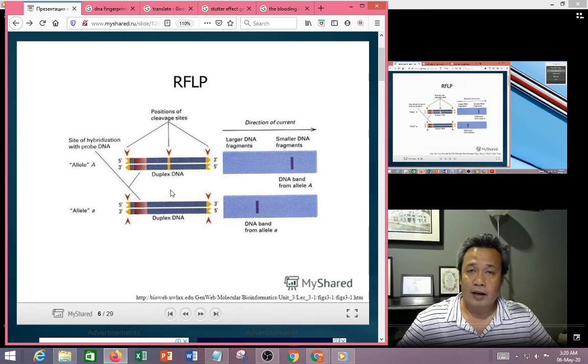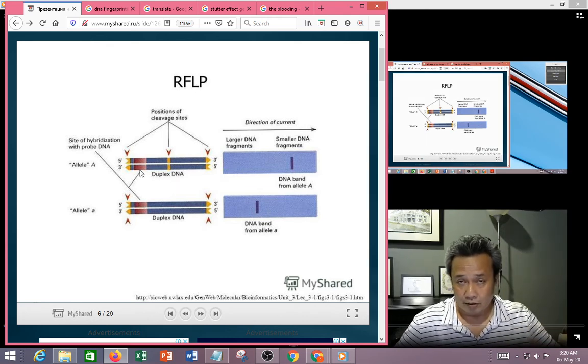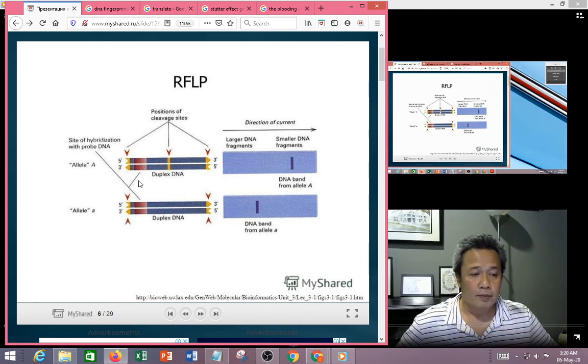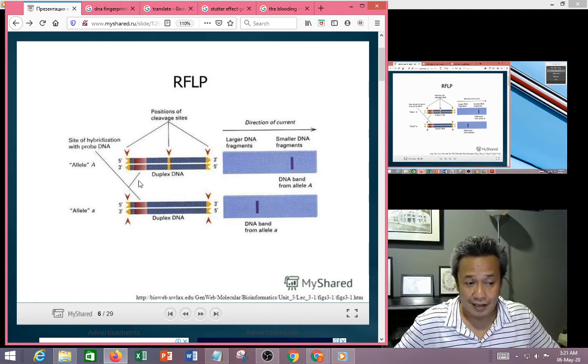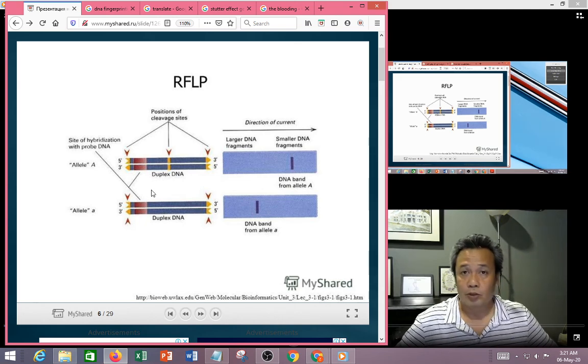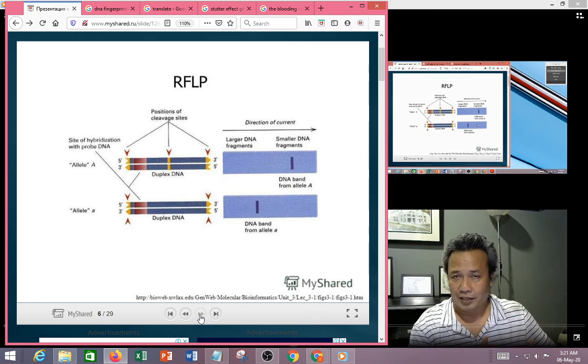So when I run my DNA on a gel and use a probe, my fragment has been cut there, so the probe binds in that region and detects that small fragment. Compared to yours, you don't have a site there, so the probe will detect a longer fragment. This is why you get two different bands. That you need to understand first.